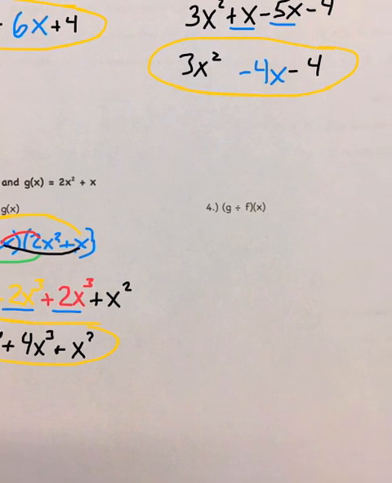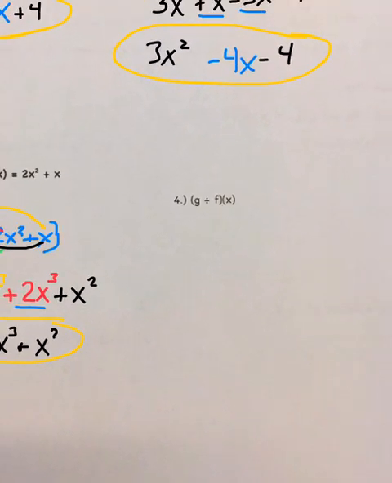Our very last one is g divided by f of x. So like I did before, I'm going to make it into a fraction. And on the top is going to be my function g, 2x squared plus x. And on the bottom is going to be my function f, which is just 4x.